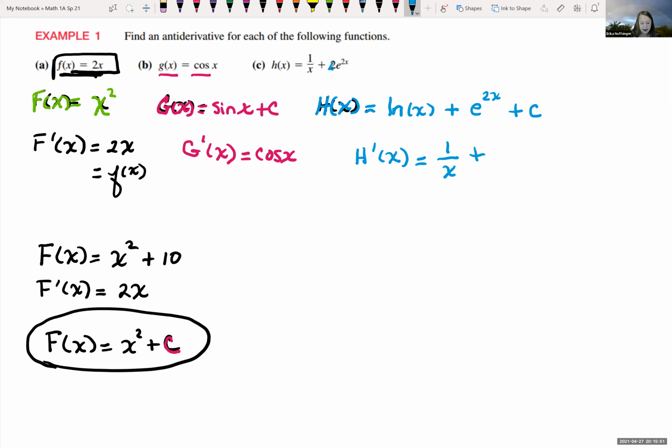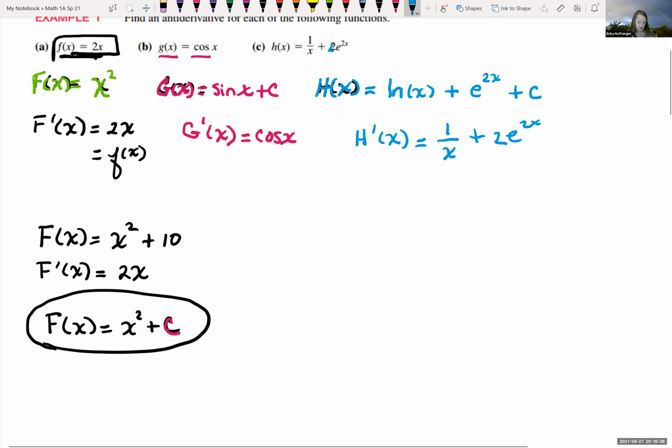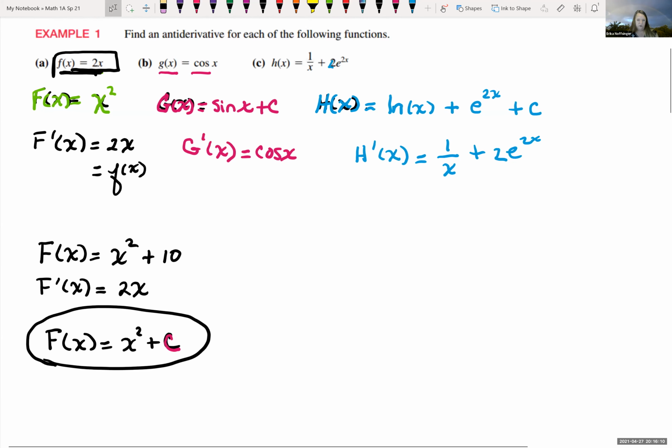The derivative of the outer is e to the 2x, e is just itself. The inner is 2x, and the derivative of 2x is 2. The derivative of a constant is 0. So any questions on that?